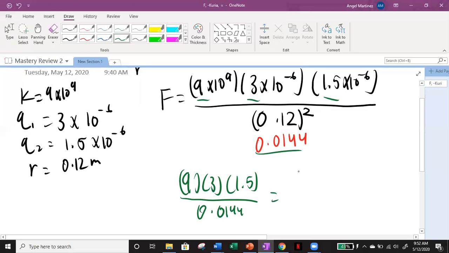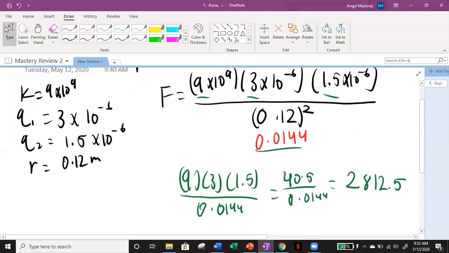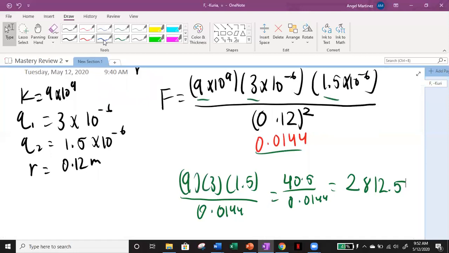If you multiply just the top, you should get 40.5, and then over 0.0144, that should get you a pretty big number, 2812.5.